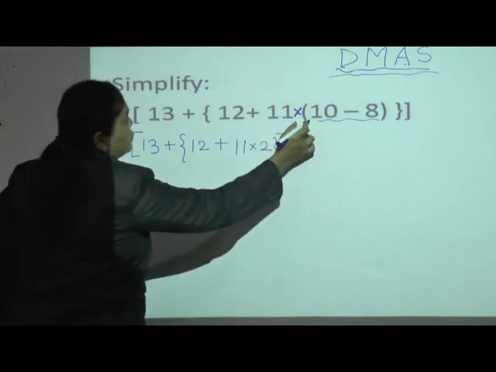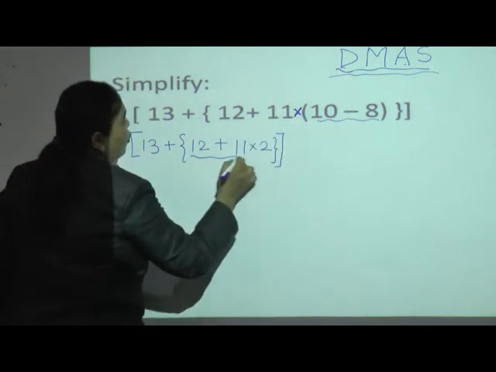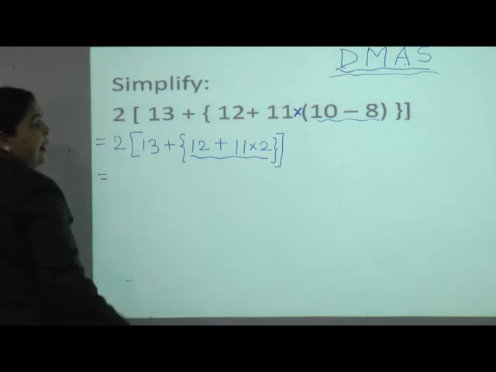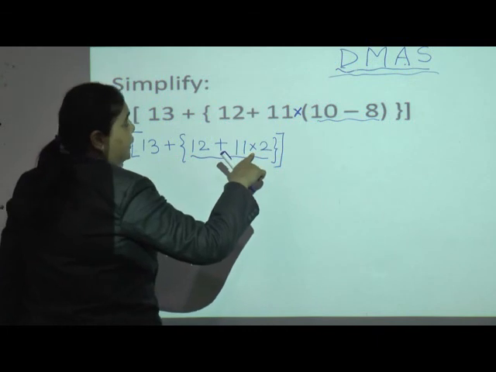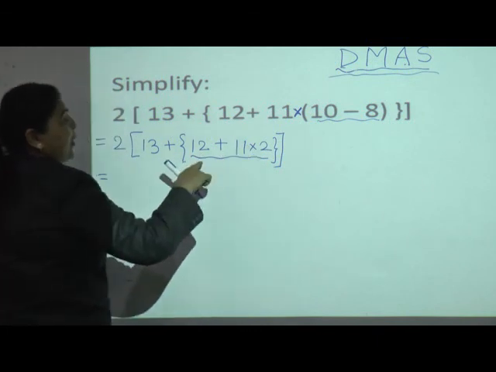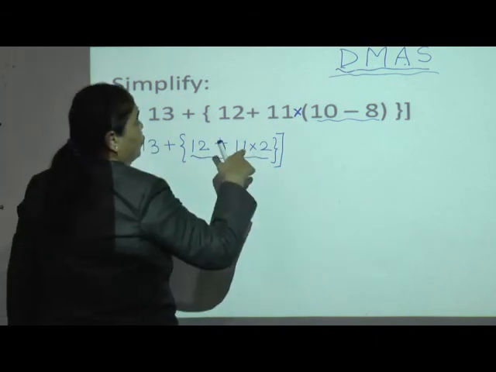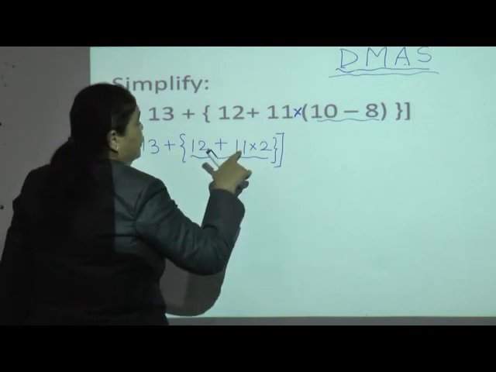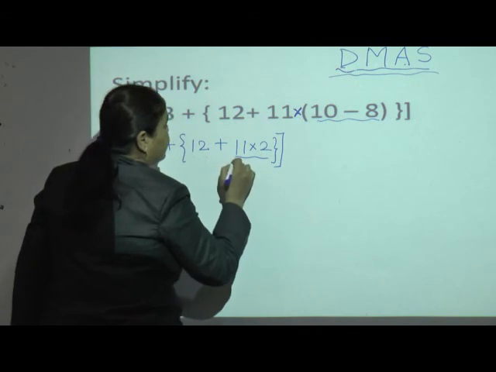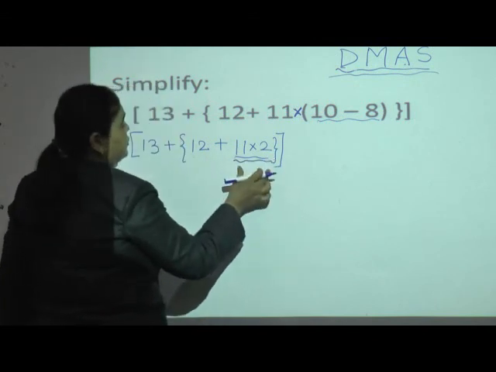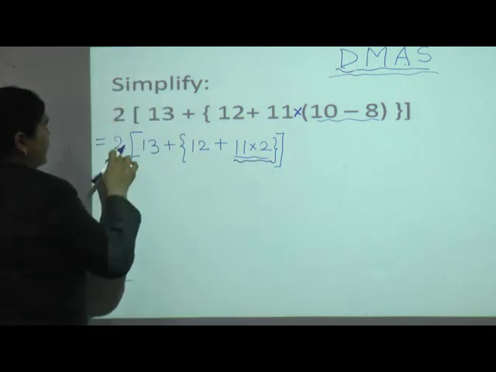After this round bracket I have to go for the curly bracket. In the curly bracket I am having multiplication and my next operation will be addition. So I have to solve first 11 multiplied by 2. First I will write this much, then whatever it is, as it is I will write.